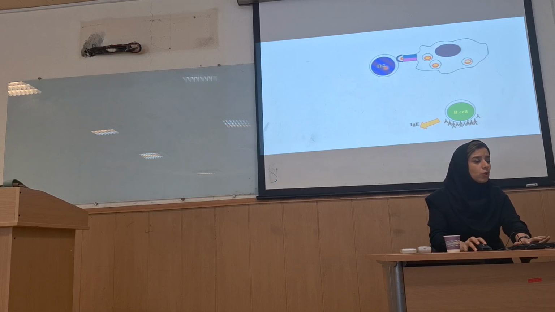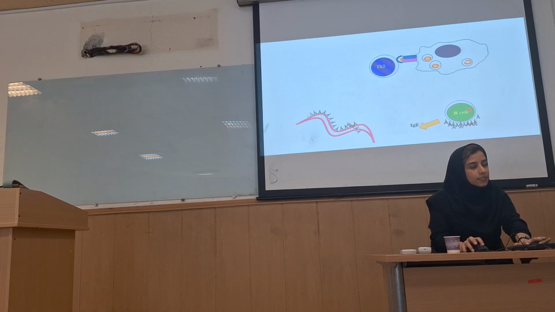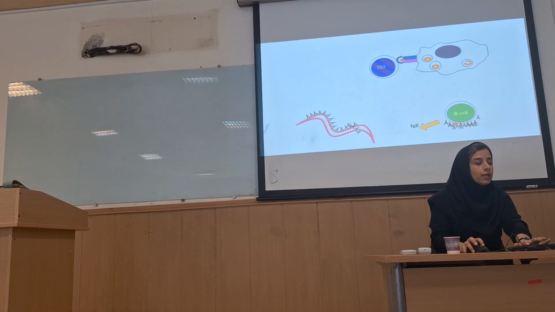And also, I told you T helper 2, after presenting antigen, is differentiated by interleukin-4 and starts producing interleukin-4. Interleukin-4 affects lymphocyte B cells, and these cells produce IgE, and this IgE, as you are seeing, binds to the helminth parasite that enters our body.